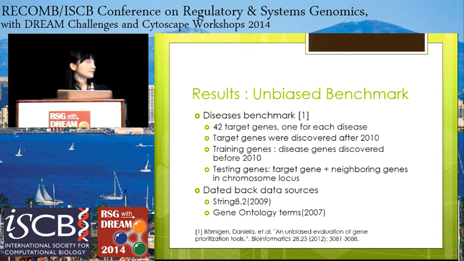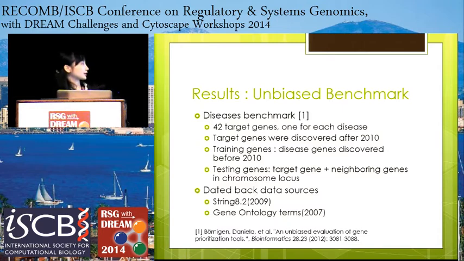Before I introduce the results, I want to first talk about the benchmark we're using. The benchmark is from a paper with an unbiased evaluation of gene prioritization tools from Daniela Börnigen. This is an evaluation paper consisting of a benchmark with 42 target genes, one for each disease.